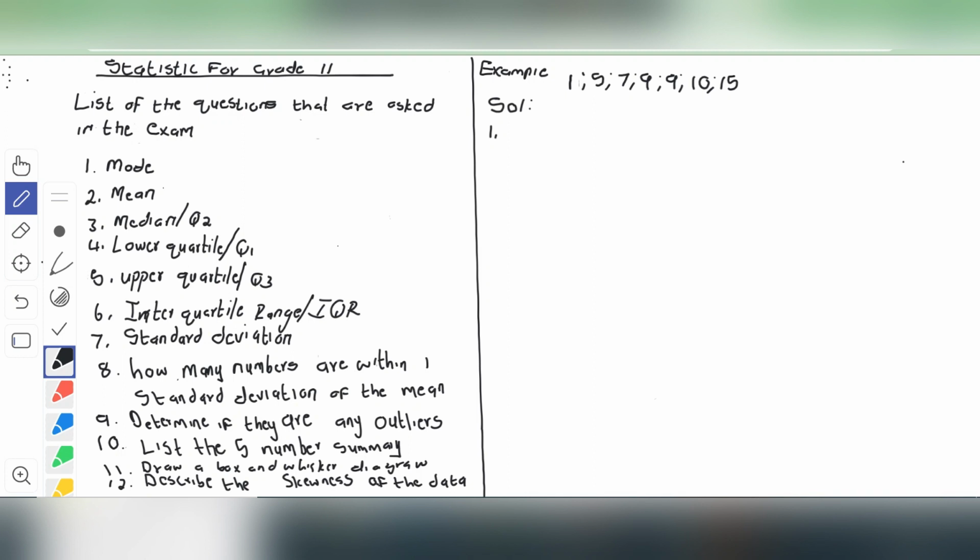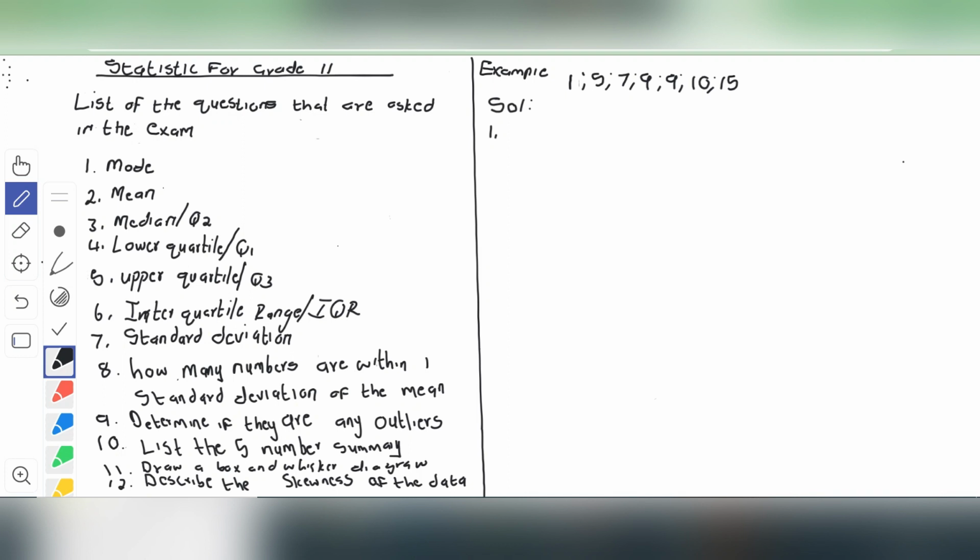Before you can answer a question in statistics, whenever you're given a data set, the first important thing is to check whether your data set is arranged in ascending order, right?